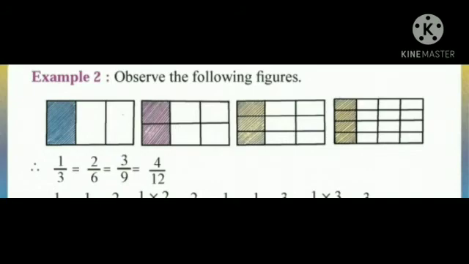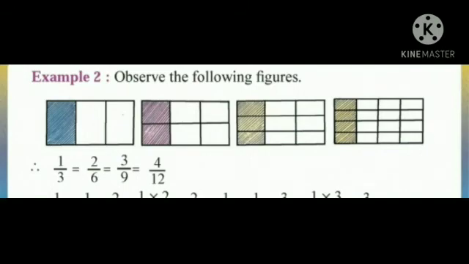Here, all the figures are equal in size, but they are divided into different numbers of parts. In the first picture, the shaded part of the figure is 1/3, and the second picture is also the same in size, but the shaded fraction is 2/6, and the third is also the same in size, and the shaded fraction is 3/9.